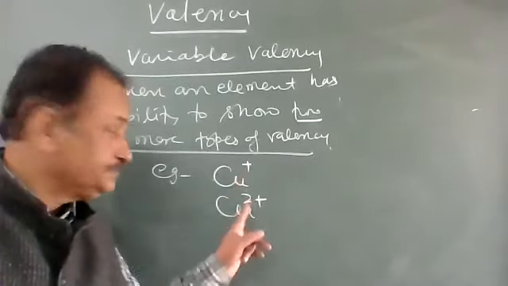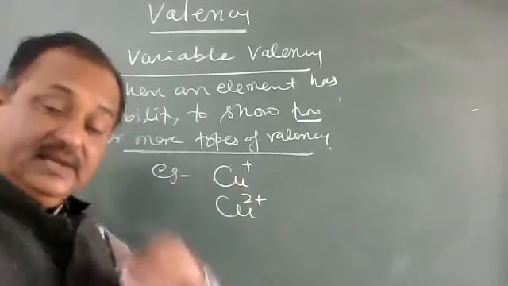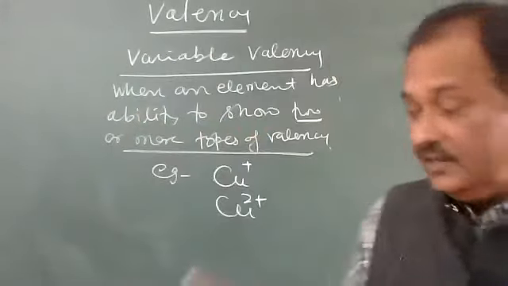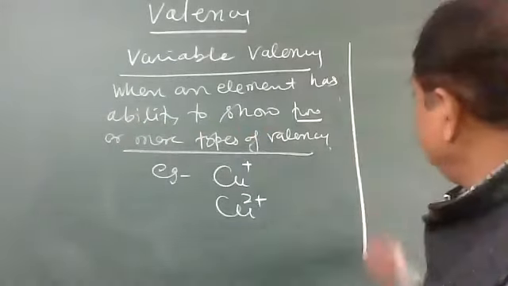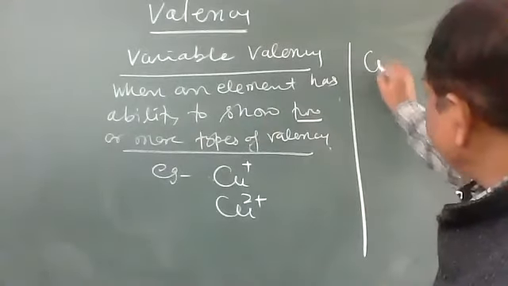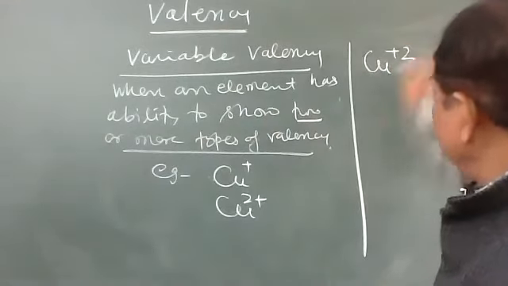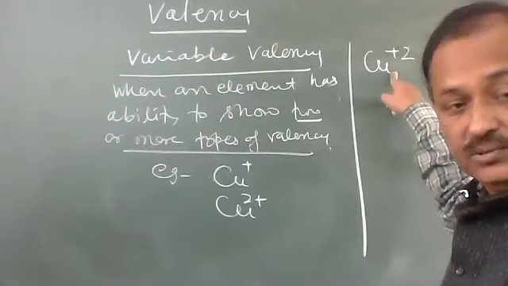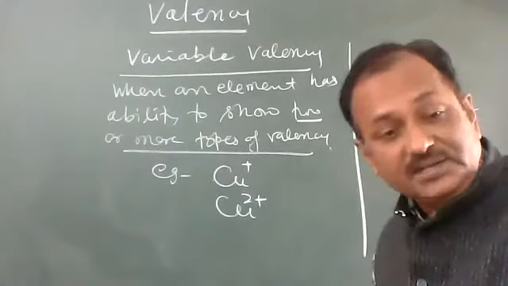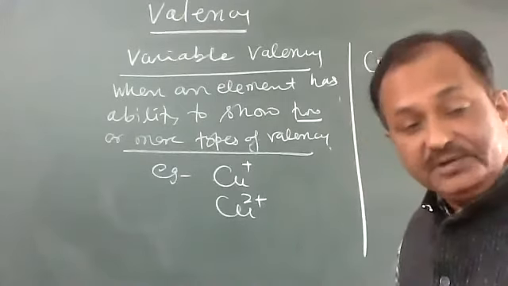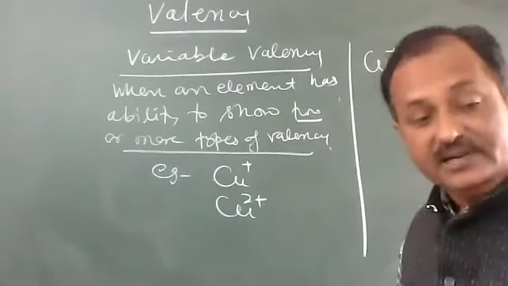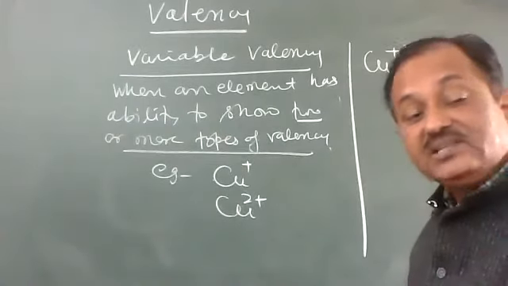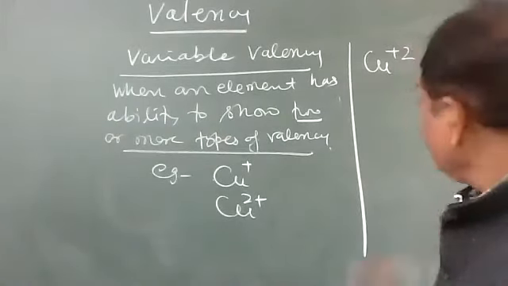If it is 2, write 2 plus. Previously, 10 years back, there were different concepts. We used to write plus 2, but now it has become obsolete. Obsolete means not in use. It is outdated.